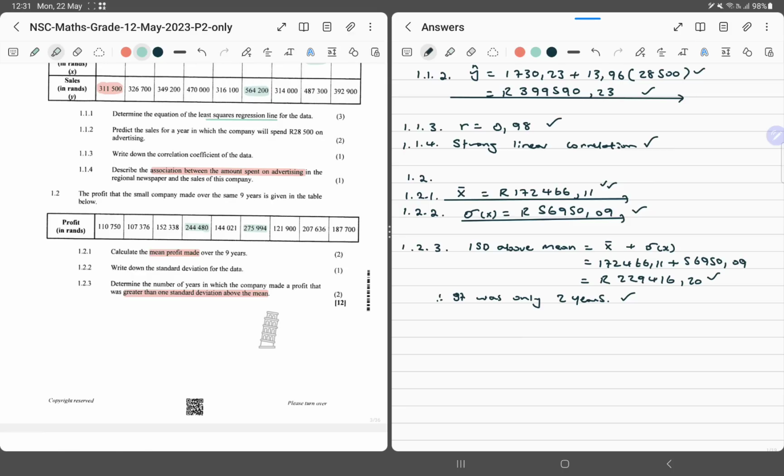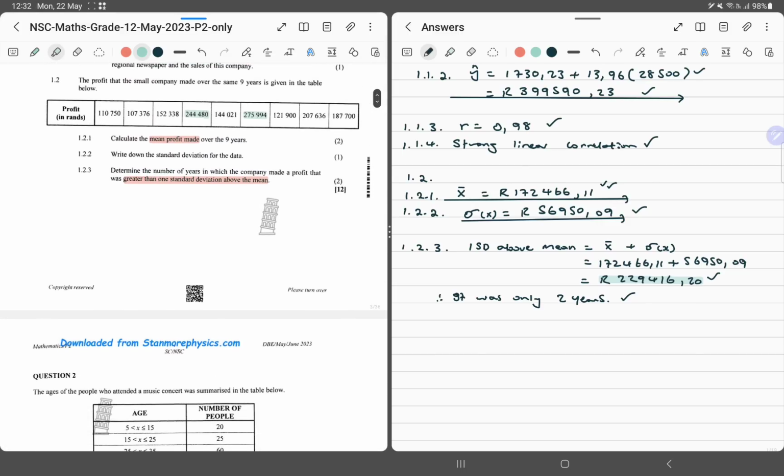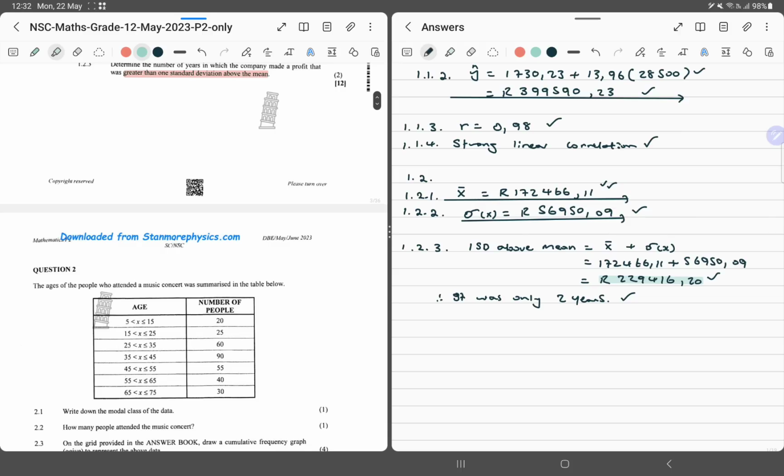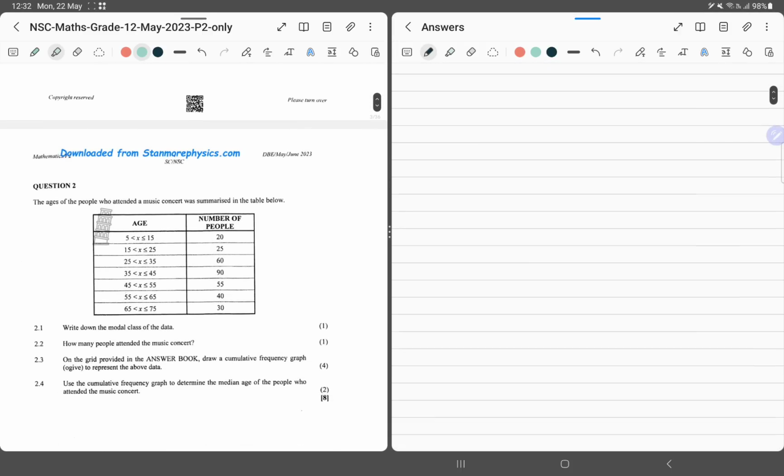So the most important thing is finding this value right here. Without it, it's difficult to figure out what's going on. I don't know why it took so long answering this statistics question. This is not good. Okay, let's get to question 2, folks.